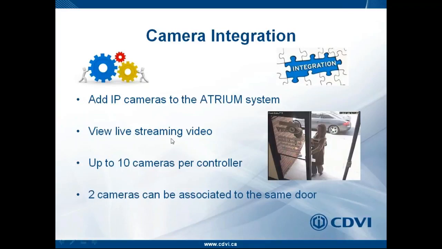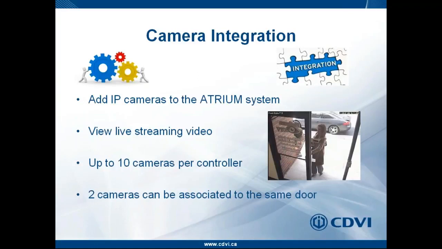We will be able to view live streaming video. The stream that we use is a motion JPEG stream that you will be able to put up in the system, and depending on the resolution and how many frames per second, you will be able to see a live streaming video of the person at that particular door. Since the Atrium subsystem supports 10 doors, we can have 10 cameras per controller, so one for each door.